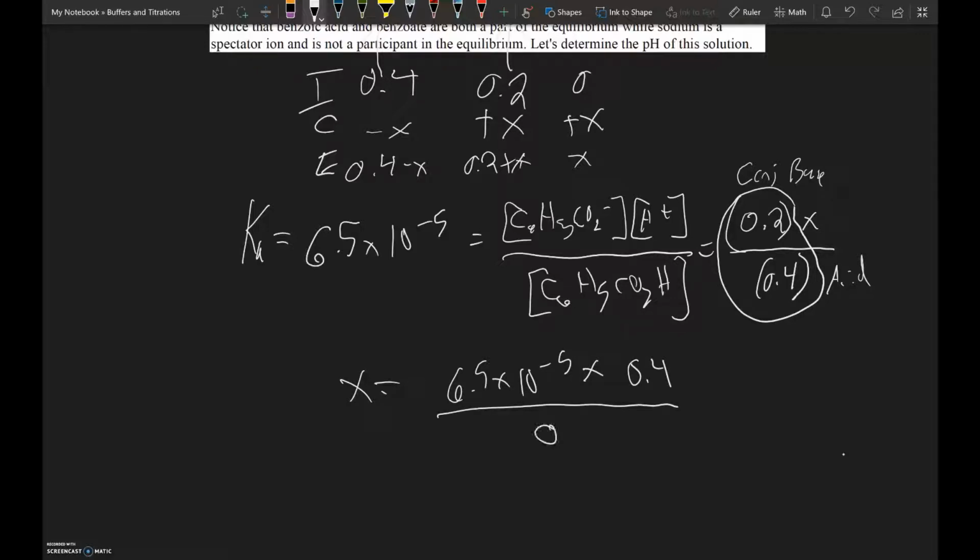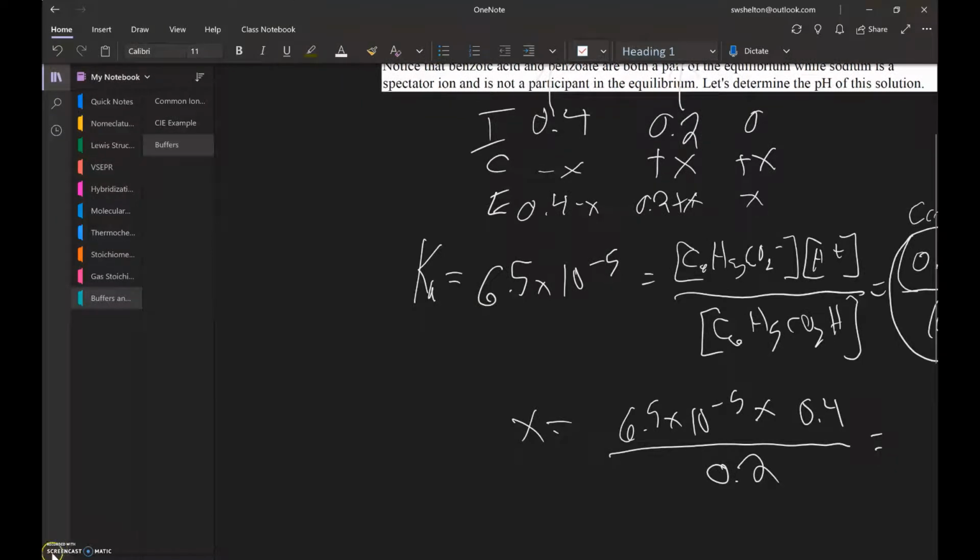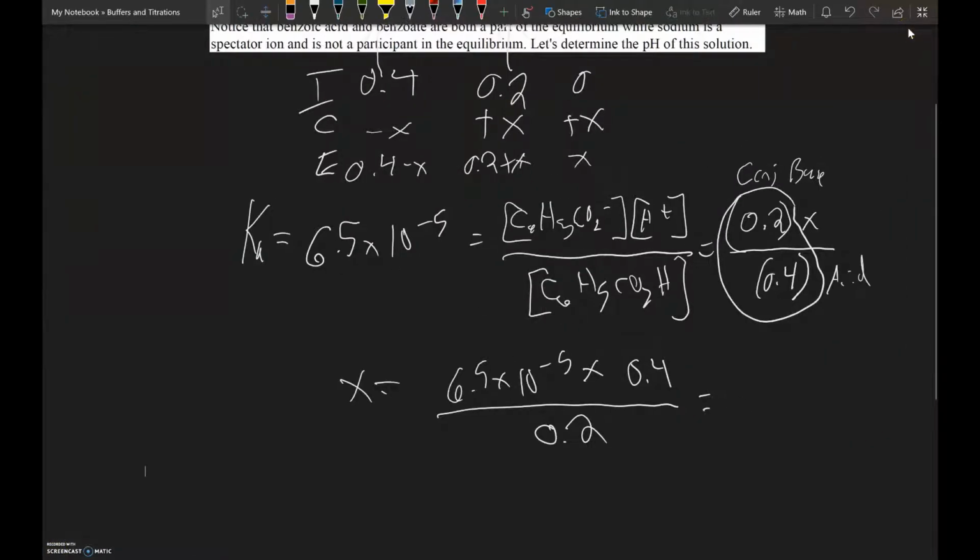Then we're going to divide that by 0.2. So 6.5 times 10 to the negative 5 times 0.4 divided by 0.2 gives us a value of x equal to 1.3 times 10 to the negative 4.